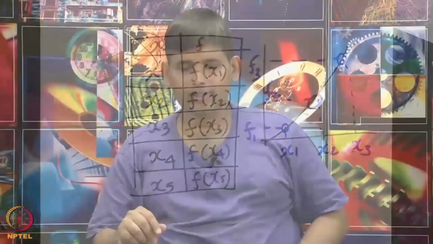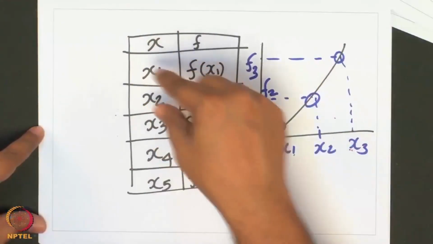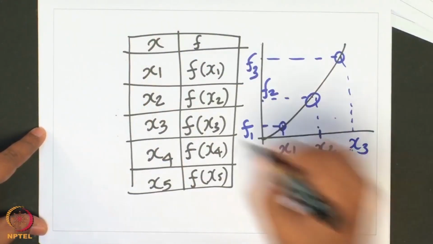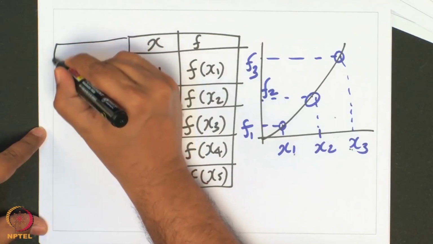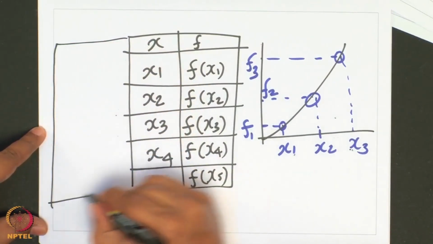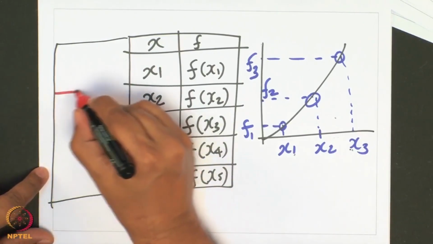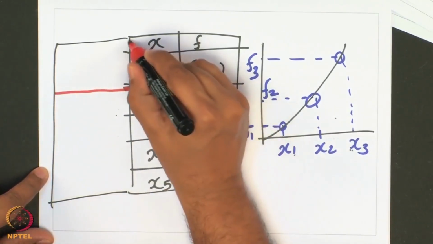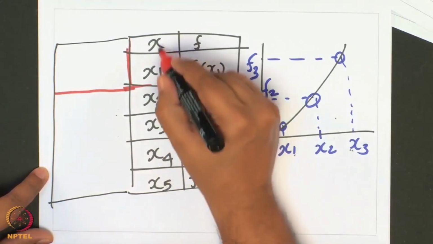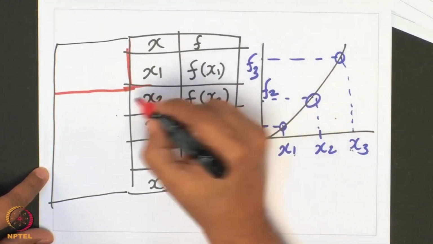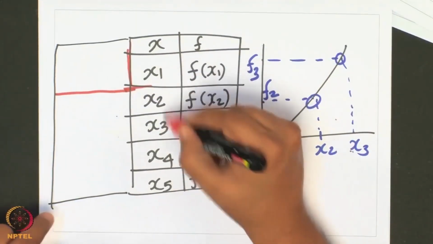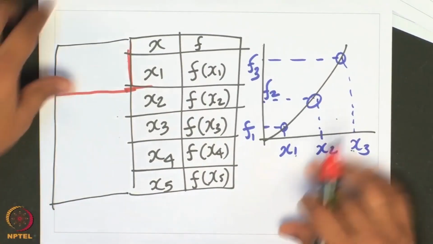So given this, we can calculate the slope here. Let me write on this side the slope. For these two data together, given x1 and x2 together, let me write again. What are we having?